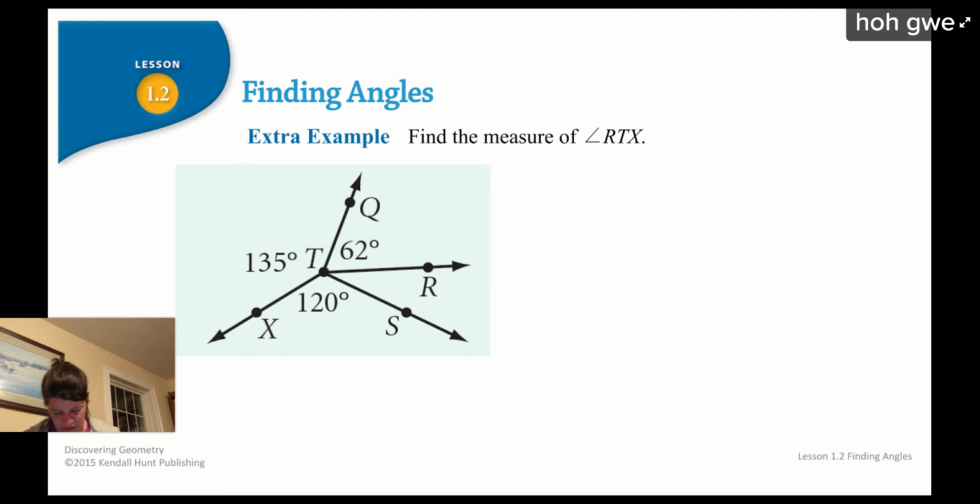So I know that 135 plus 120 is 255, and then 255 plus 62 gives me 317. And then I'm looking for the missing piece to make 360.